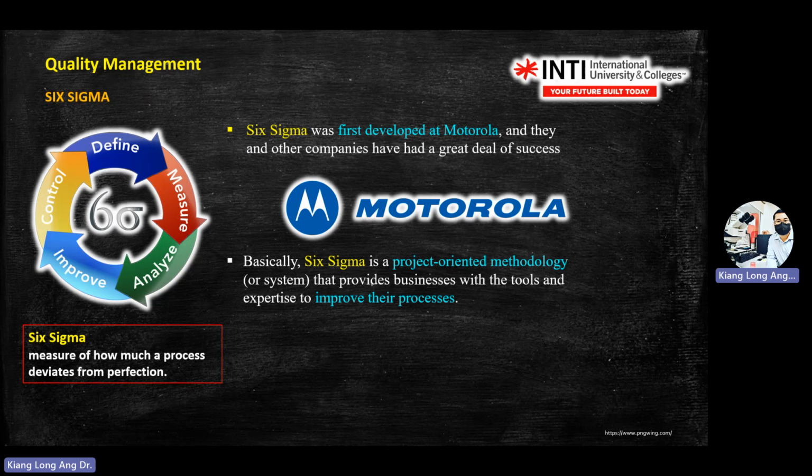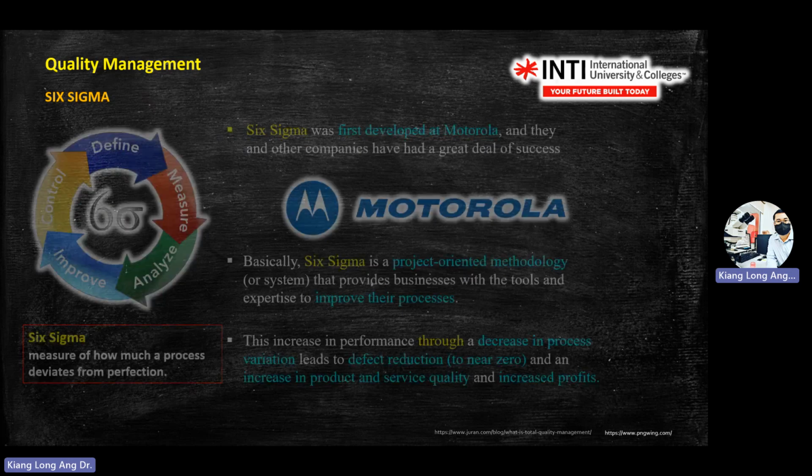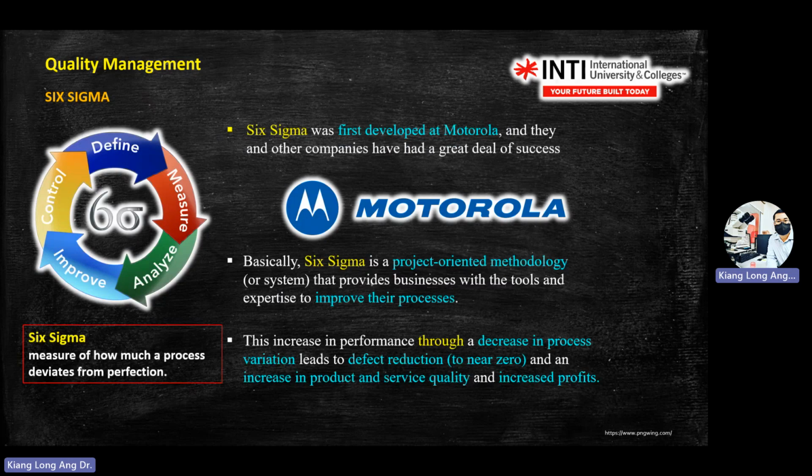Okay. Now, the purpose of Six Sigma is to improve the quality of the process. The rest you read. In Six Sigma, the ultimate goal is near zero defect in the process.